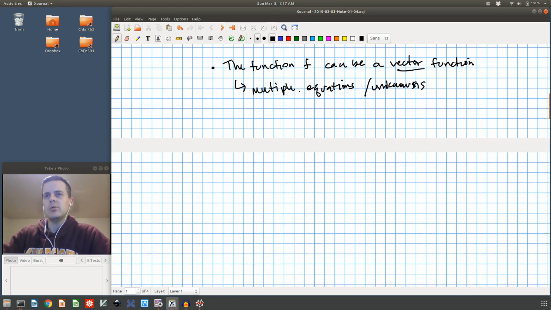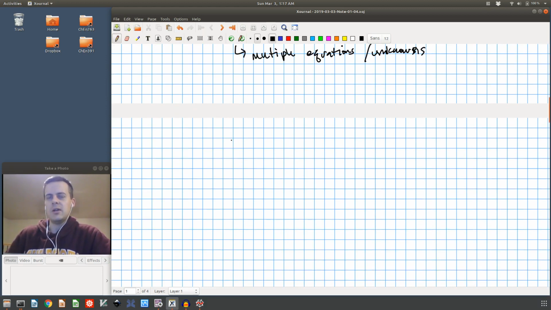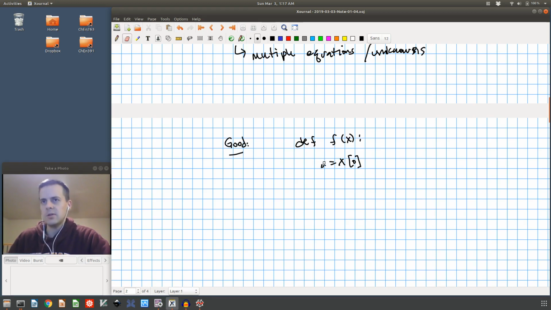So let me give a couple examples of good and bad. Good is going to be def f of x, but remember these are arrays. So I could have z be x at 0. Maybe I don't want x to be x of 0, as that would overwrite it. And then y could be x at 1.